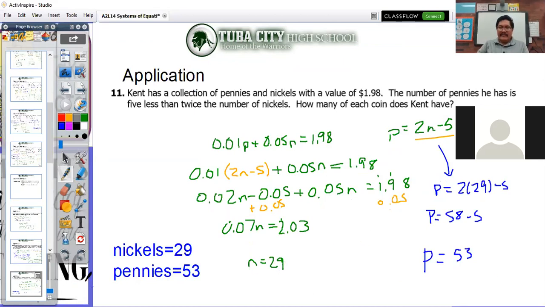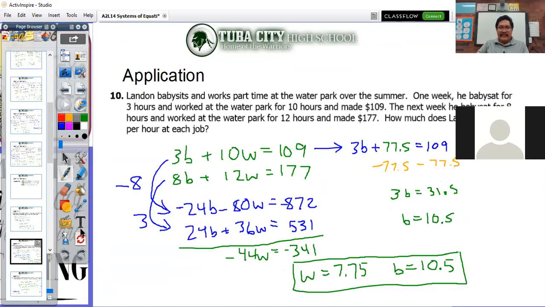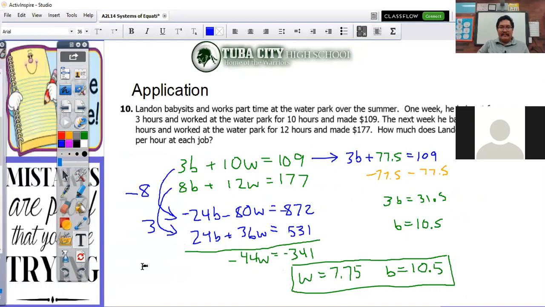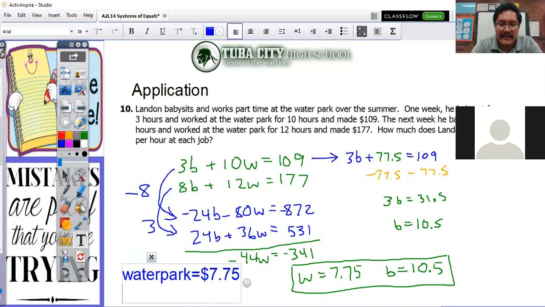So for this one here, if I were to go back and do it, I could just do something like water park. Is water park one word or two words? It looks like they used two words here, but I'm going to use one word. So water park is $7.75 and babysitting is 10.50.